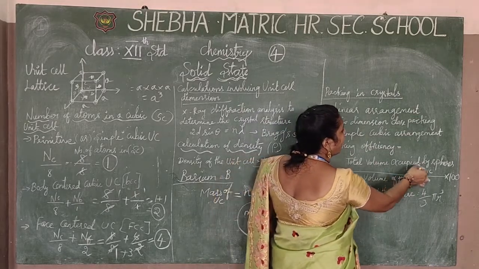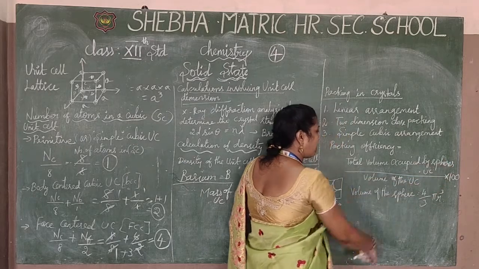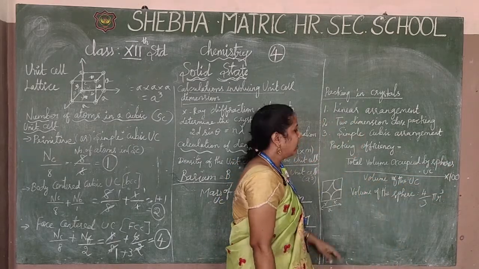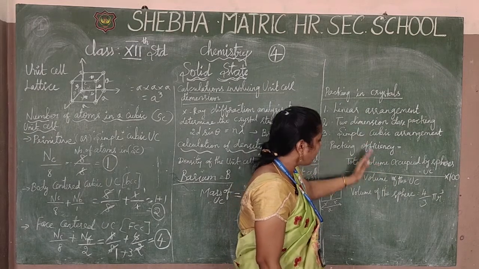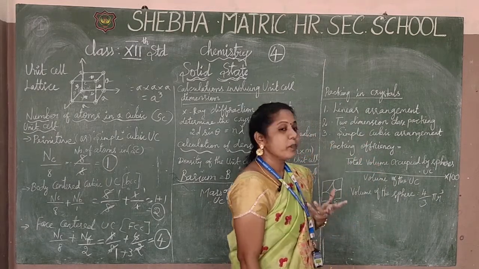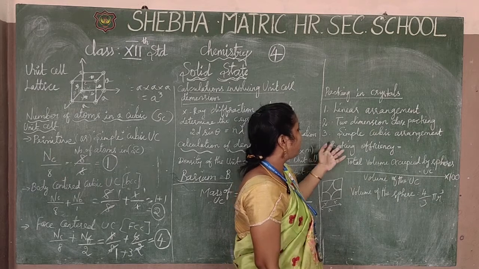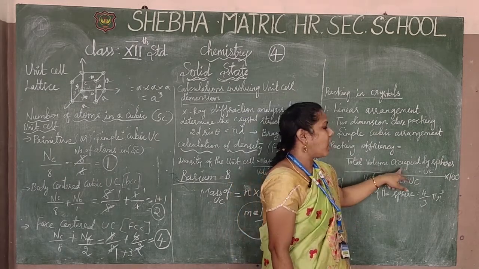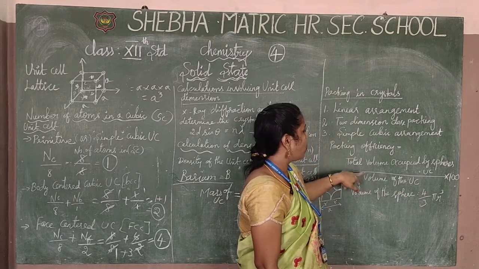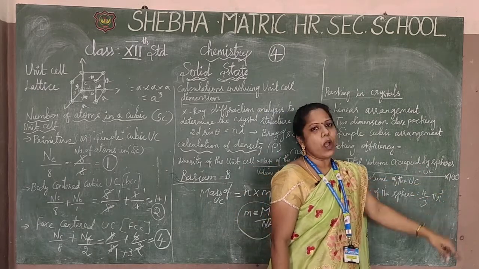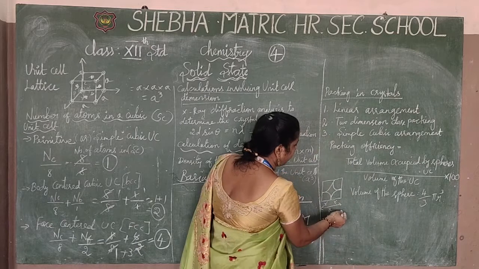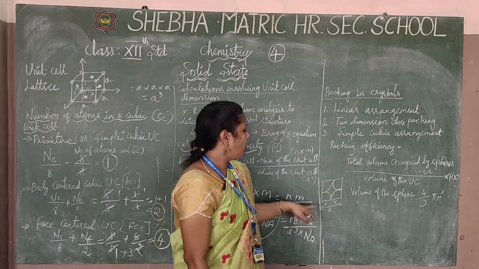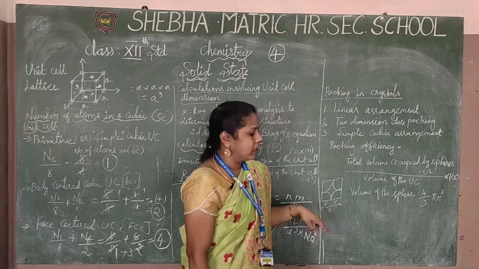Total volume occupied by the spheres in the unit cell divided by volume of the unit cell, into 100. That is the formula. We have to derive this formula to get that percentage. You have to get the packaging efficiencies as a percentage. So I am going to derive one by one, and before that I want to explain how to calculate the radius.